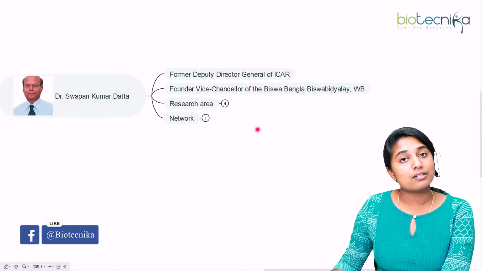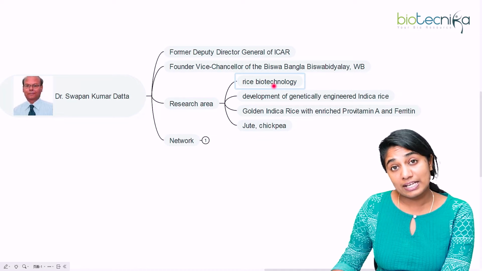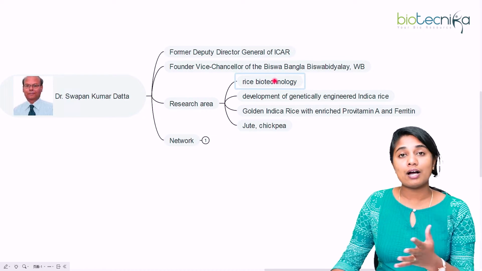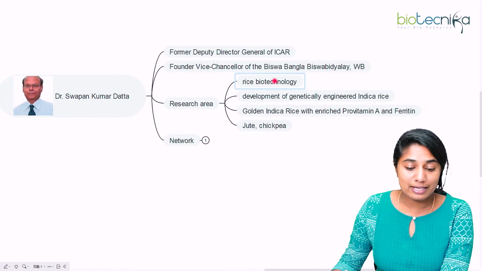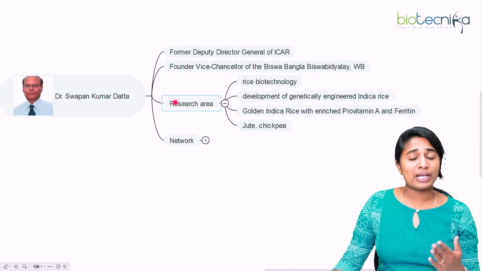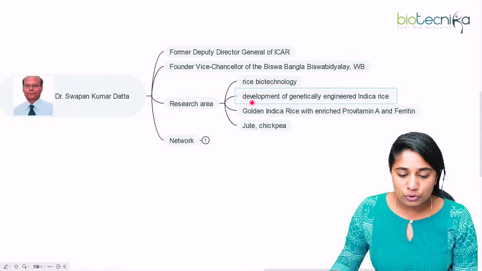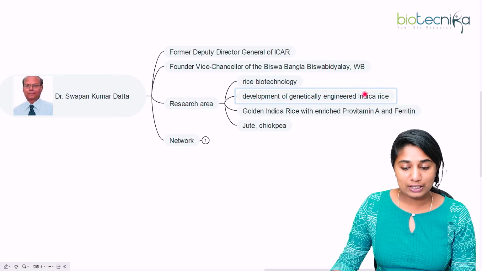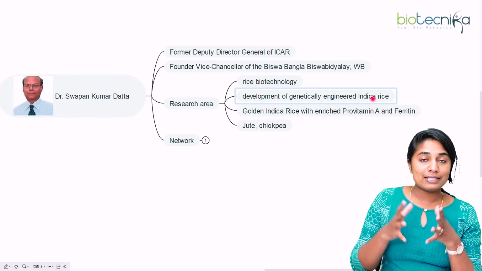Now what are his research areas? His research area is mostly rice biotechnology. So if you are an agriculture scientist or you want to enter agriculture science, especially in the field of rice, then you can get in touch with Dr. Swapan Kumar Datta. He was into the development of genetically engineered indica rice, which is especially the Indian variety of rice.